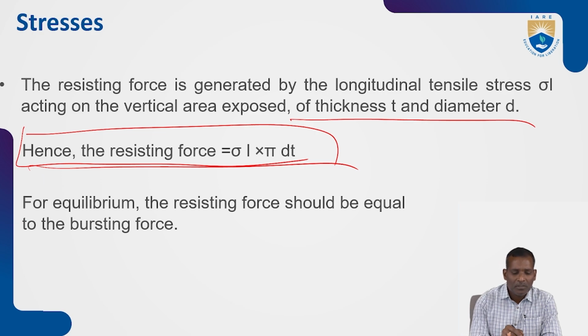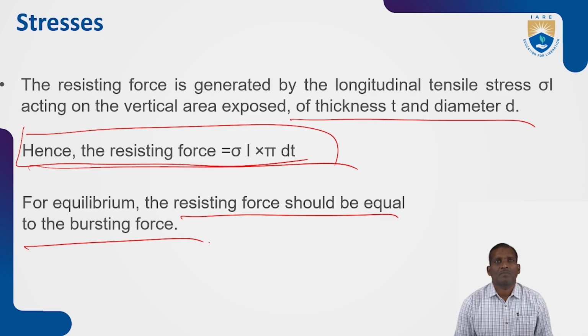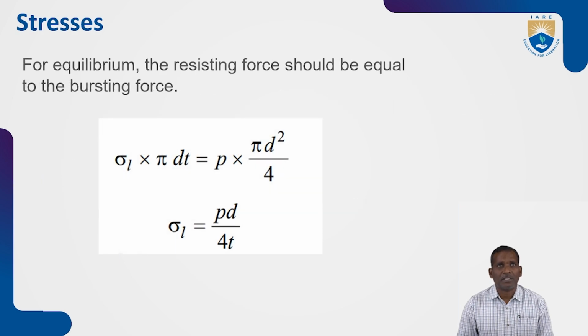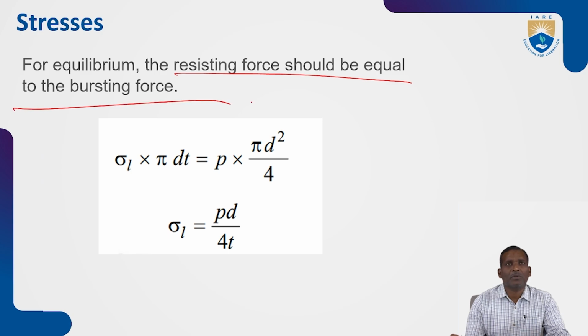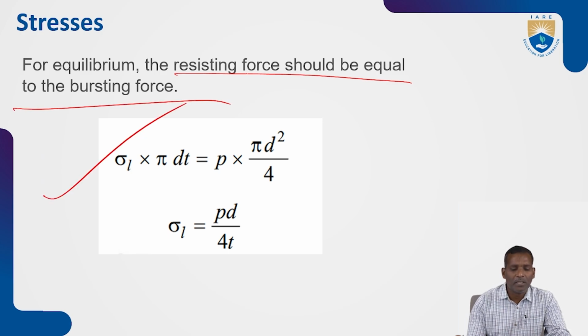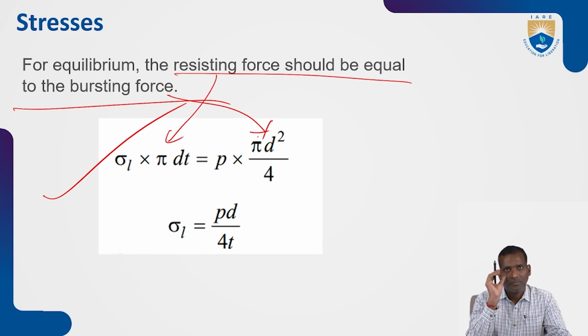For equilibrium, the resisting force should be equal to the bursting force. The resisting force we already calculated, and the bursting force also we have written. So now write down: this is the resisting force, and this one is the bursting force. P into pi d square by 4 equals sigma L into pi d t.